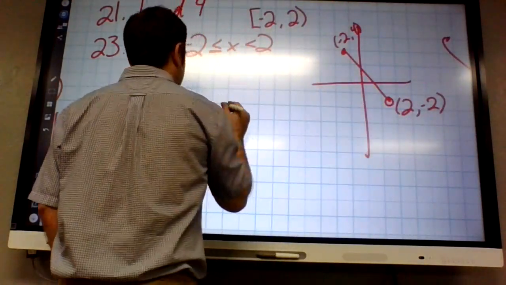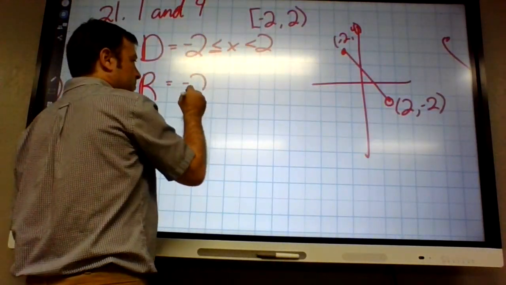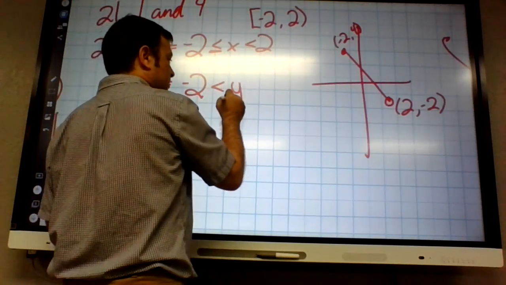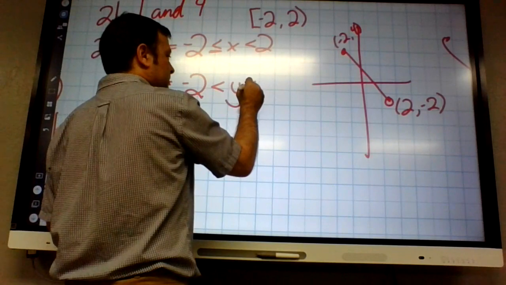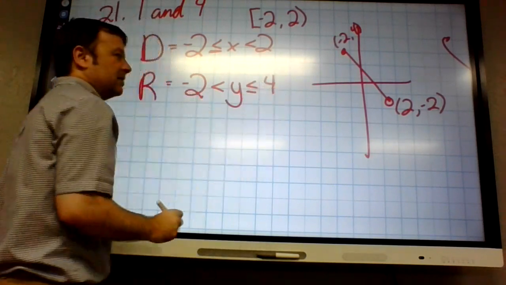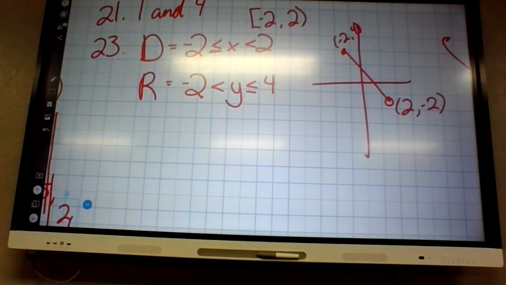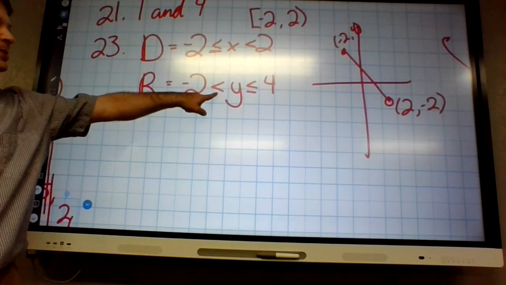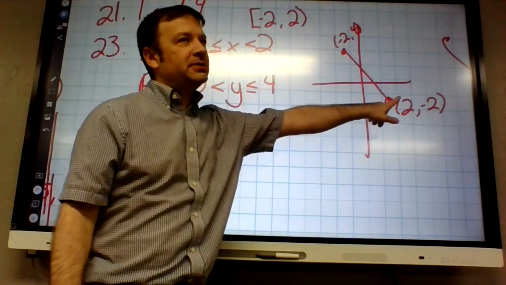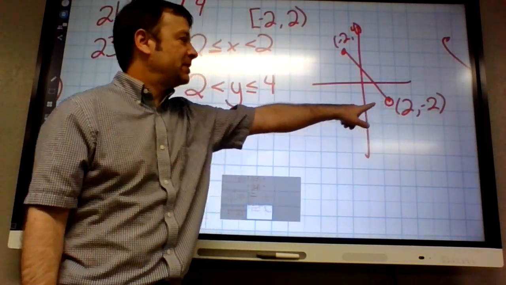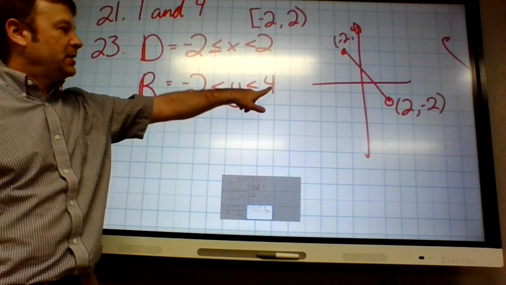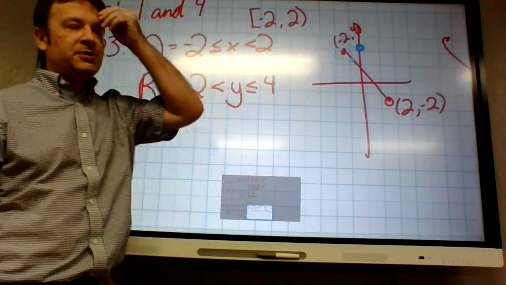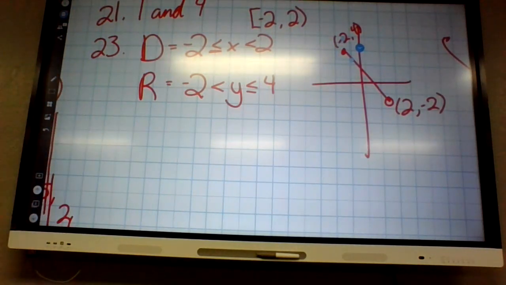So what am I going to write? I used y because we're talking about the y values. I put less than there because it's an open circle. I put or equal to here because that 4 is included.